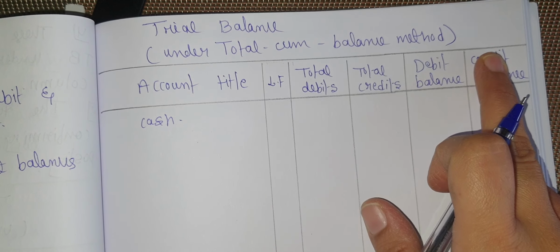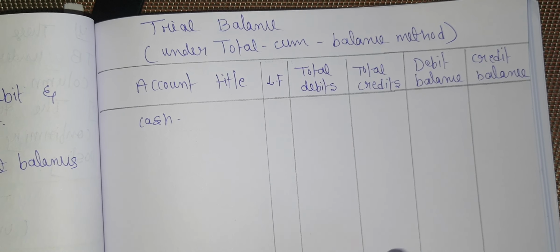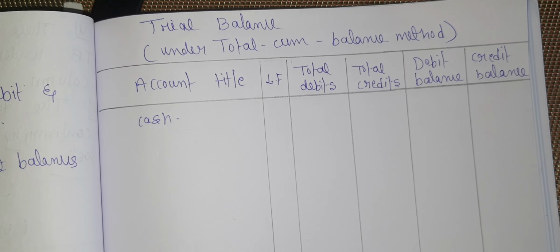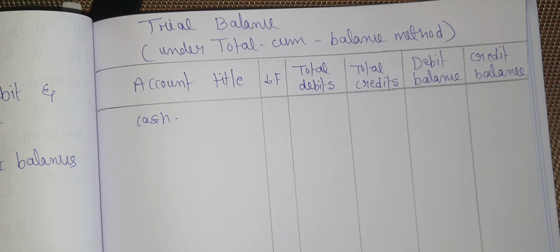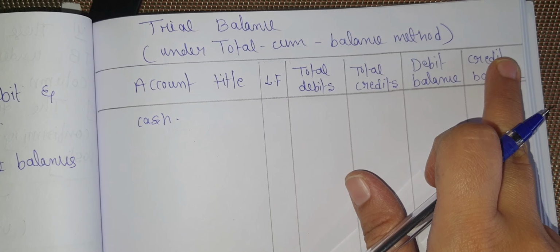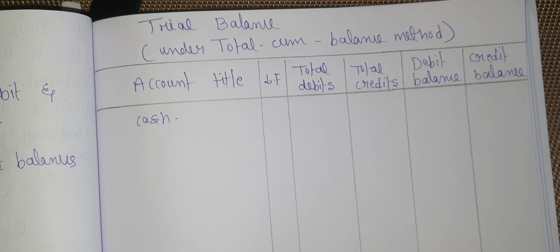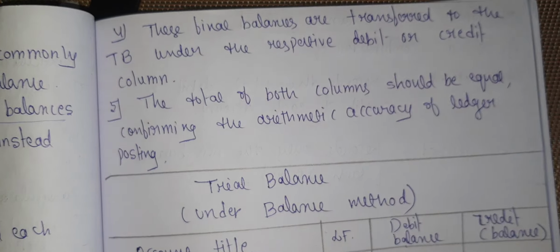Then debit balance, credit balance, which is related to balance method. Okay, so cash.